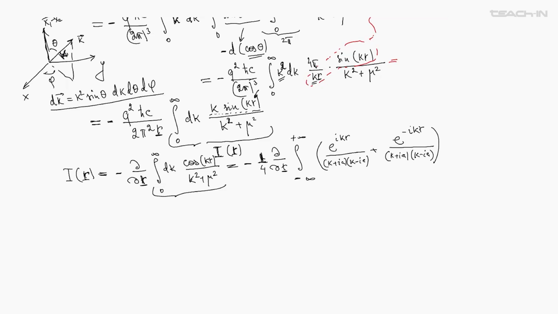And what is mu? Mu is mc explicitly over h bar. You remember, this is the effective expression we have for this mu.